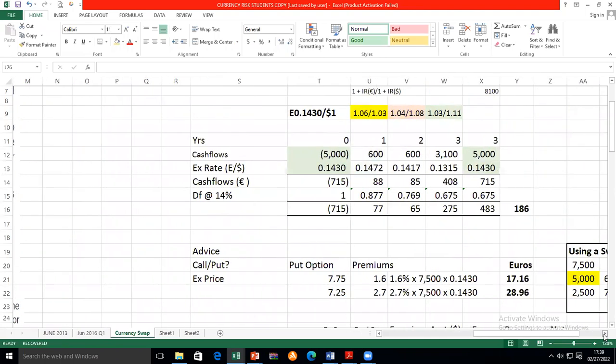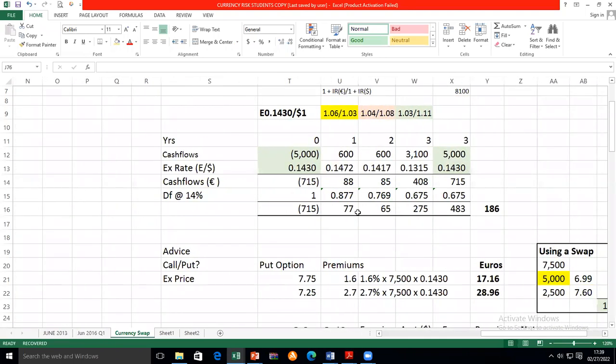Did you arrange your figures? So here are your figures.